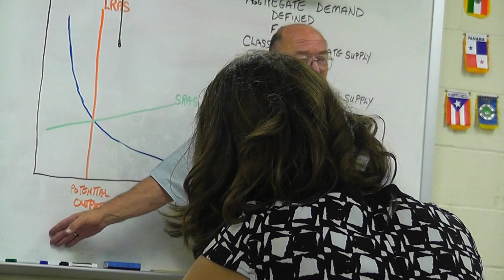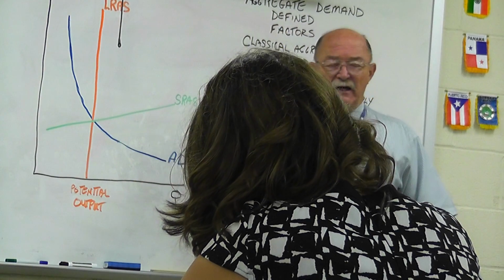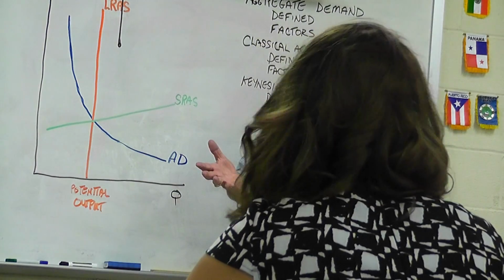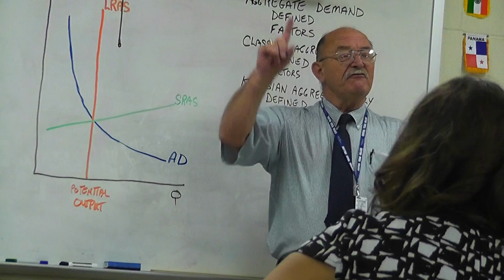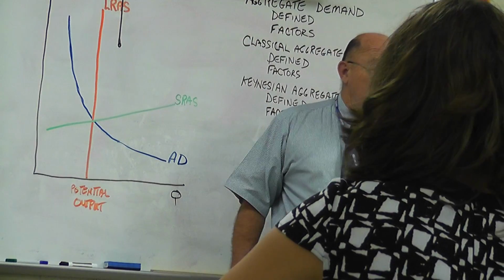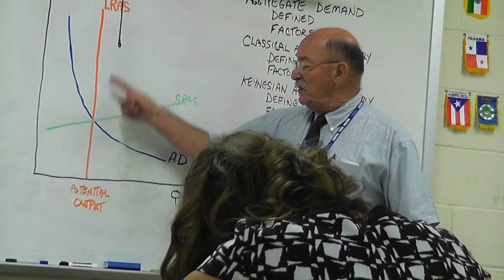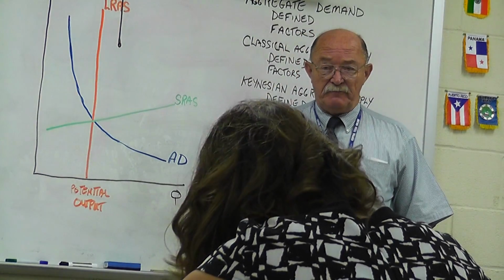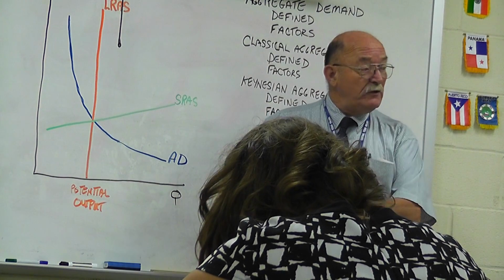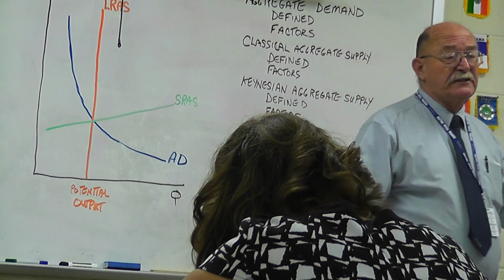It's only affected by output, and output is determined by the number of workers in your economy. If everyone is working that wants to work, this is what we call full employment. If we're operating at full employment, this point down here represents potential output. Potentially, we should be producing at that level of output if everybody who wants to work is working.